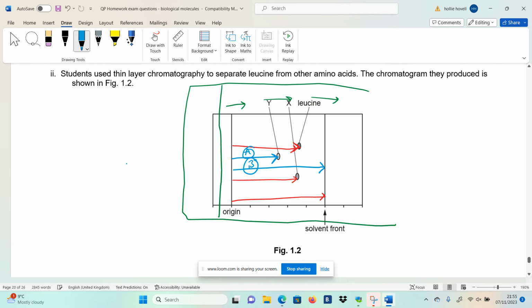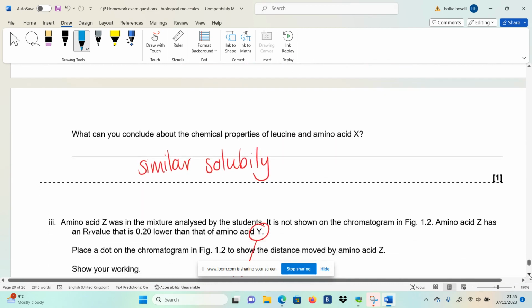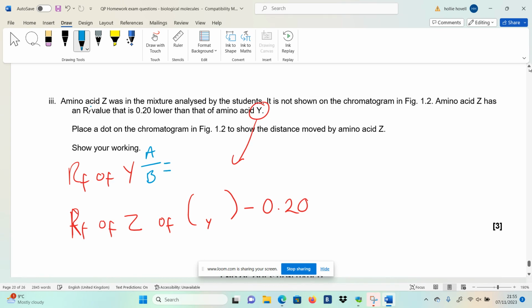And we're going to do A divided by B. Okay, I can't measure it on my screen, but make sure you do that on your paper. So the first part here, RF of Y, you're going to do value A divided by value B, the distance moved by the solute divided by the distance moved by the solvent. And whatever numbers you get for that, you should end up with an RF value of approximately 0.5. Okay, make sure you actually work that out yourself to check you can get that.